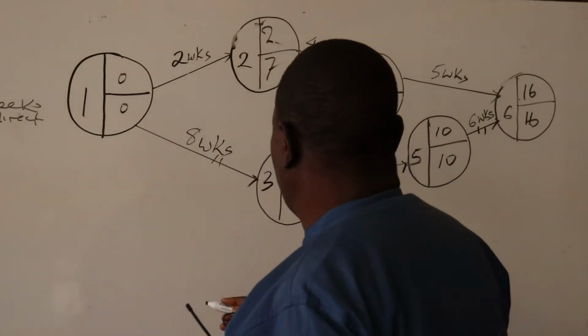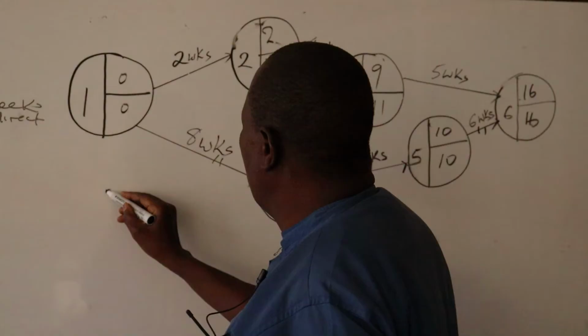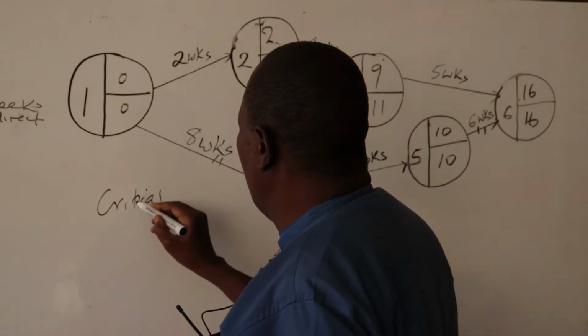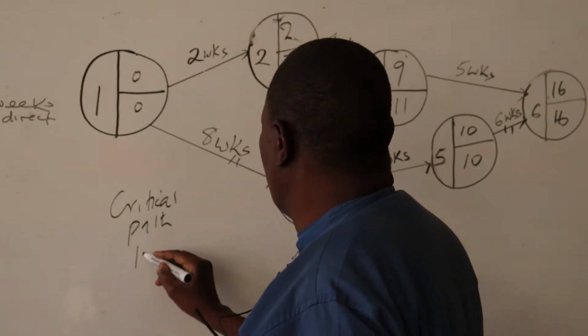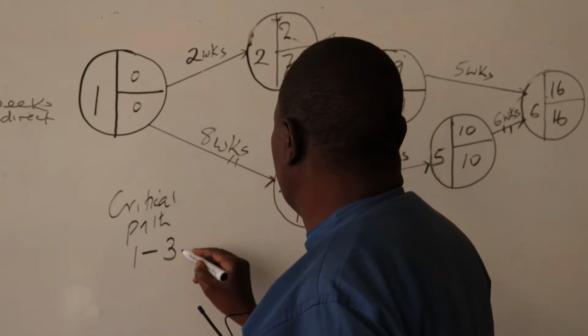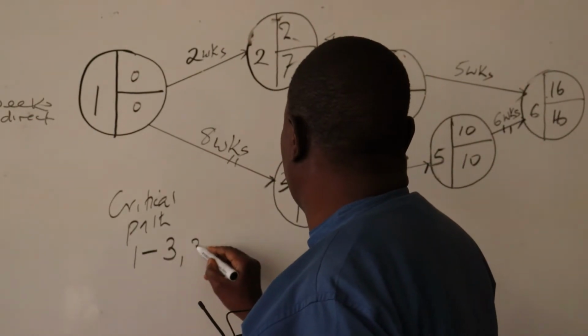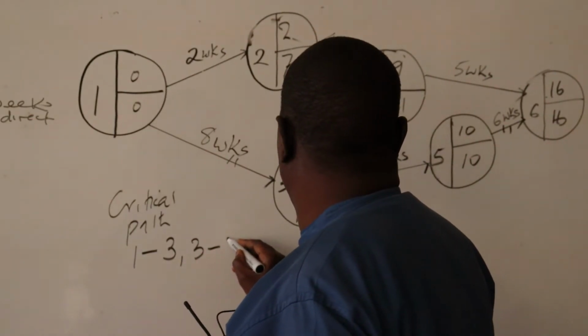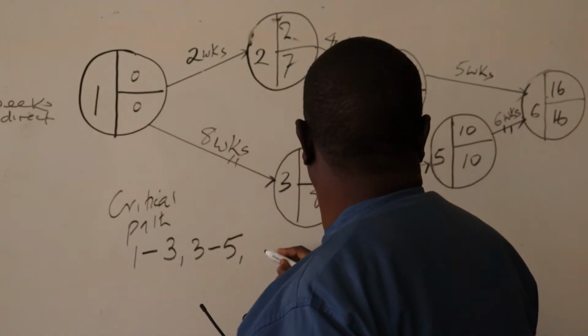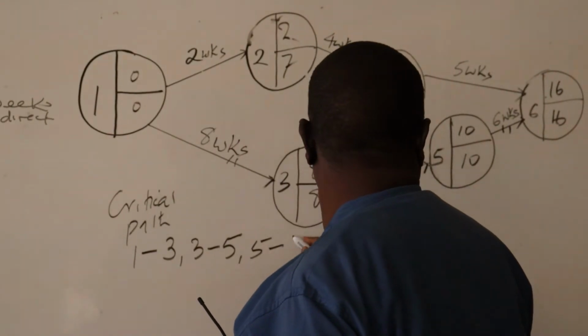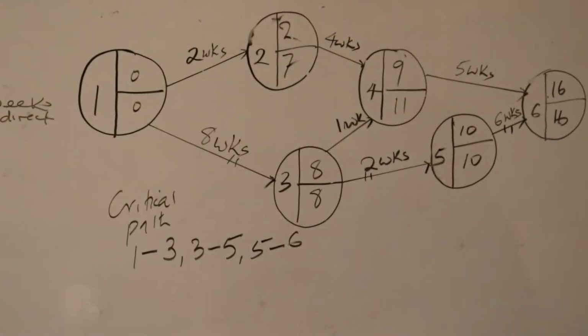And therefore the longest path, the critical path, is 1 to 3, 3 to 5, and 5 to 6.